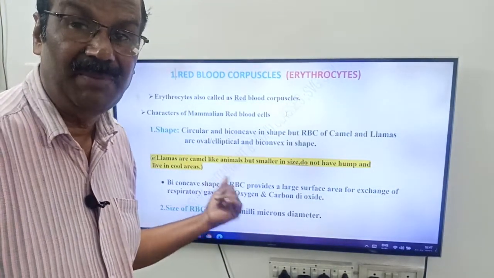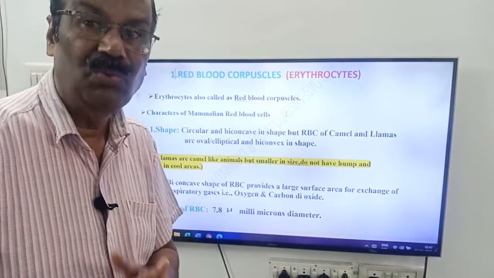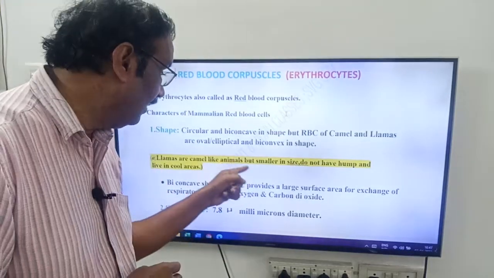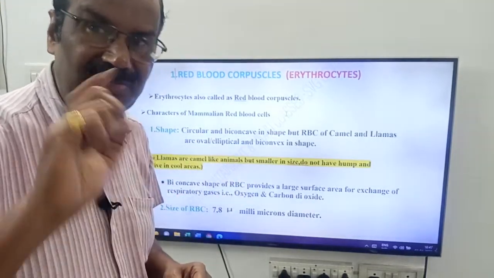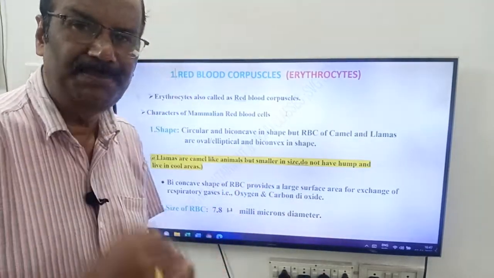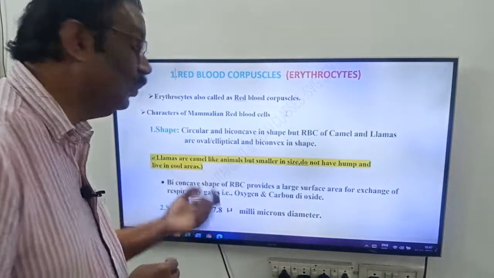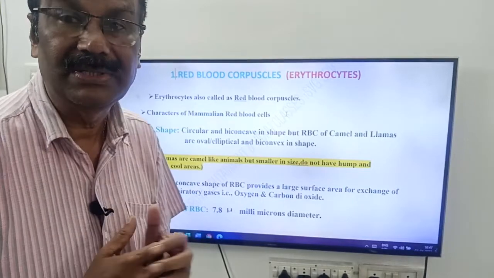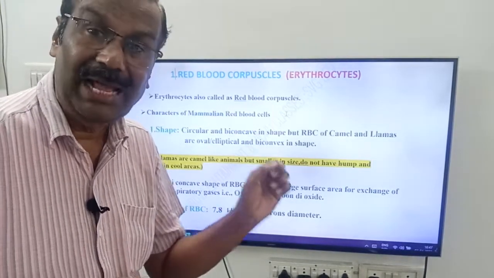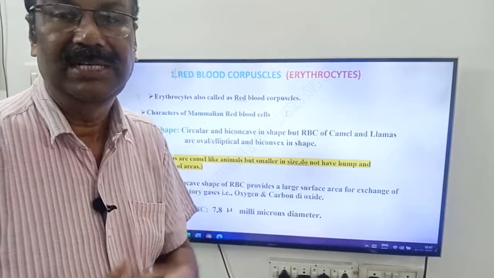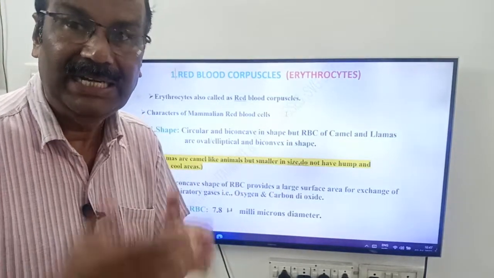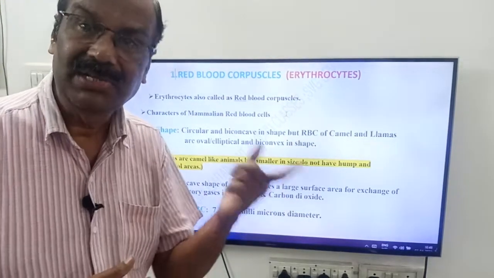Don't write this in the exam friends. What is a llama? It is a camel-like animal but smaller in size. It has no hump and lives in cooler areas. Camel lives in deserts but llama lives in cooler areas.